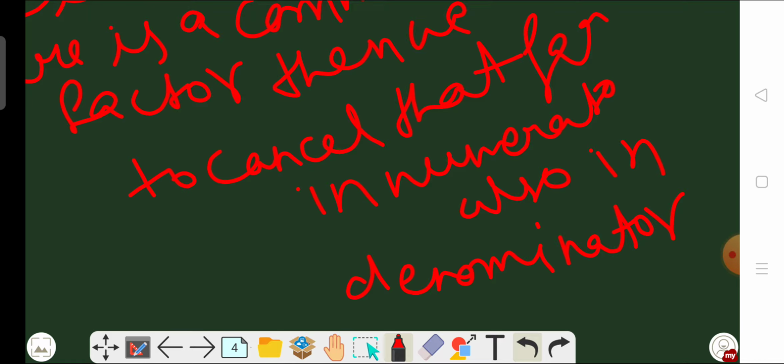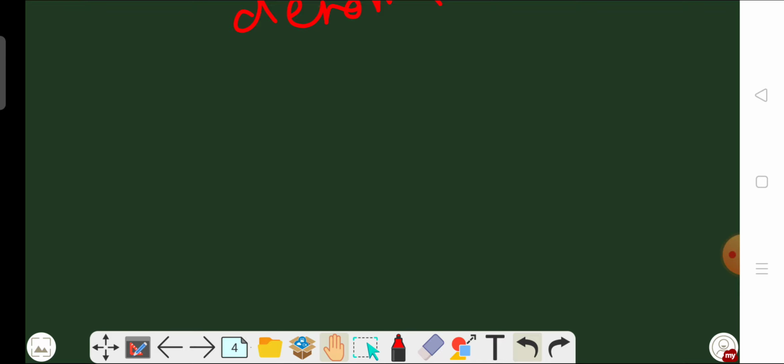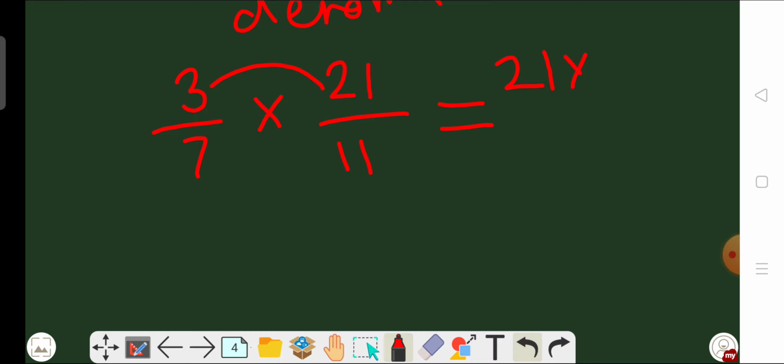Now let us take an example beta. If you have two fractions like 3 by 7 multiplied by 21 by 11. Now we have to multiply numerator to numerator. This will become 21 multiplied by 3 divided by 11 multiplied by 7.